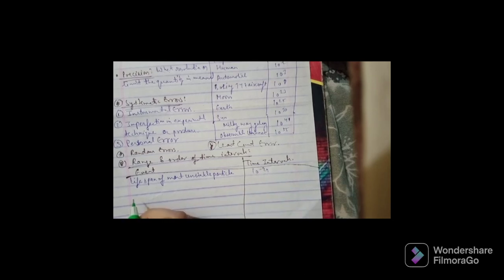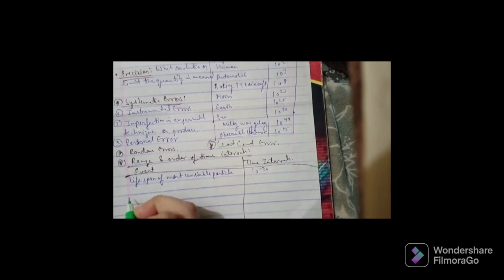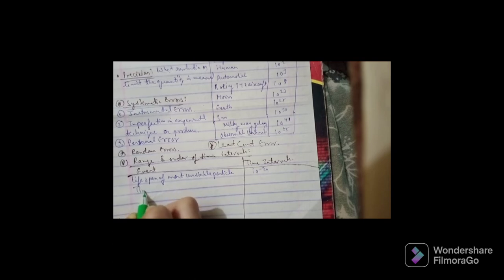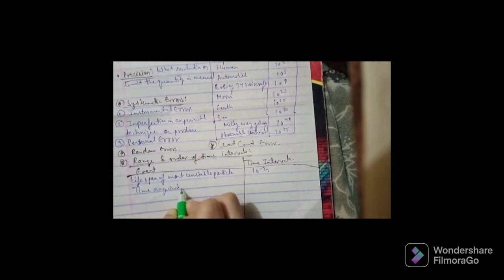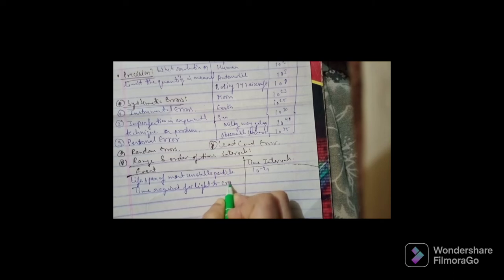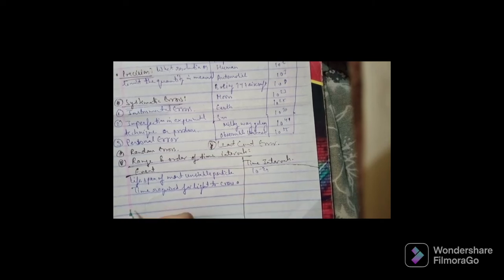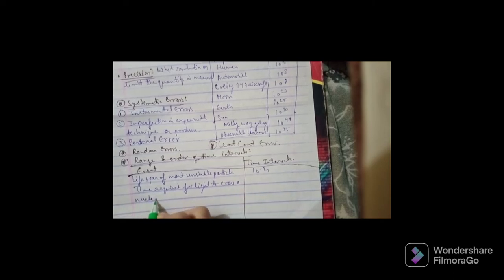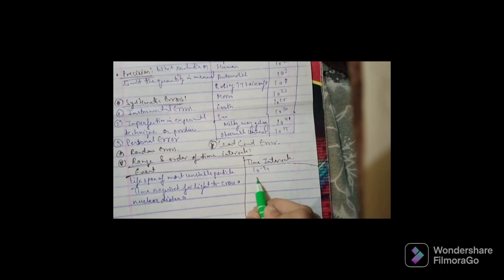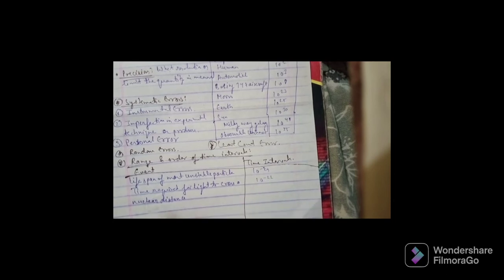Time required for light to cross a nuclear distance, that is 10 to the power minus 22.